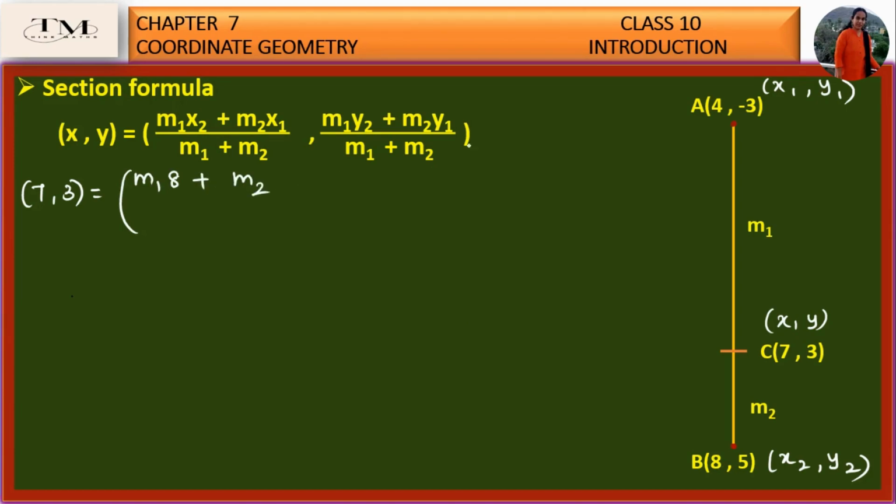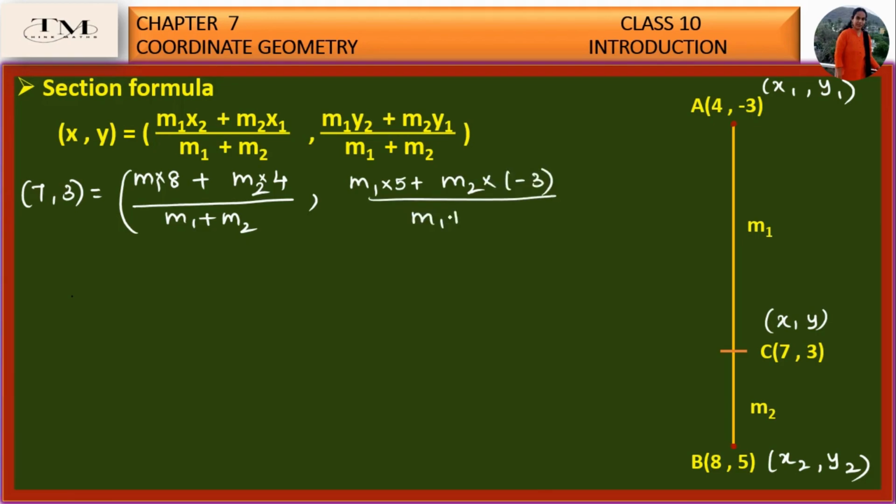We don't know. So m2 x1 which is 4, divided by m1 plus m2 comma m1 y2, y2 is 5, plus m2 y1, y1 is minus 3, divided by m1 plus m2.